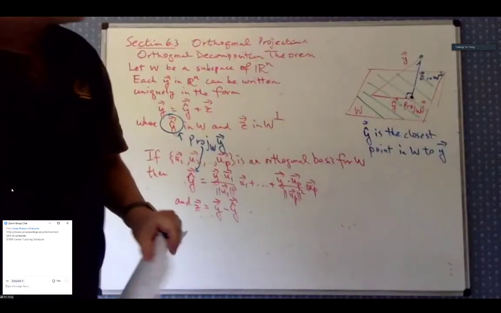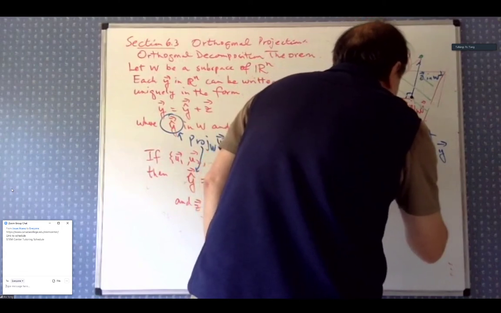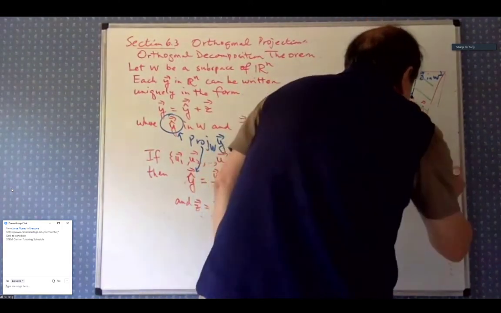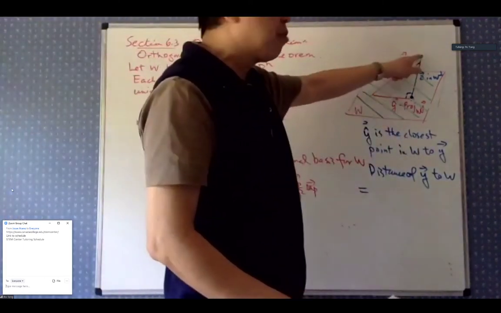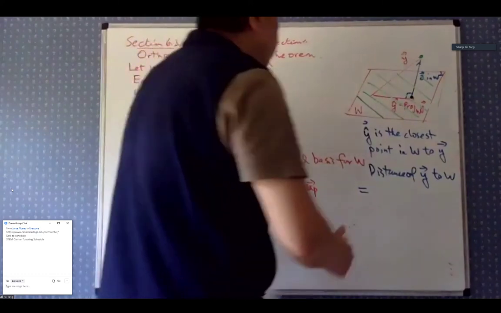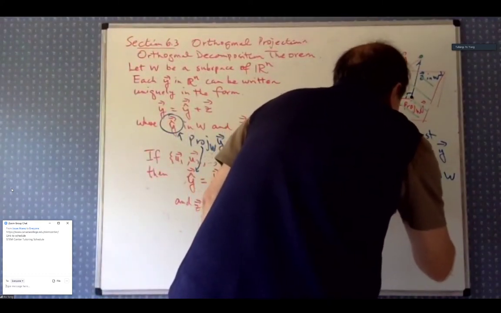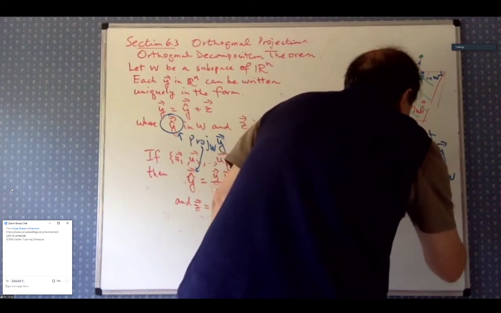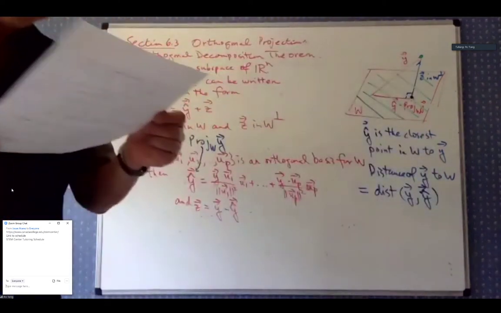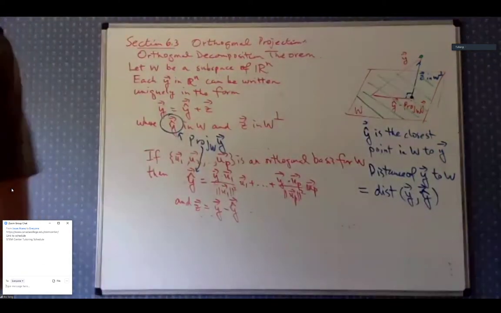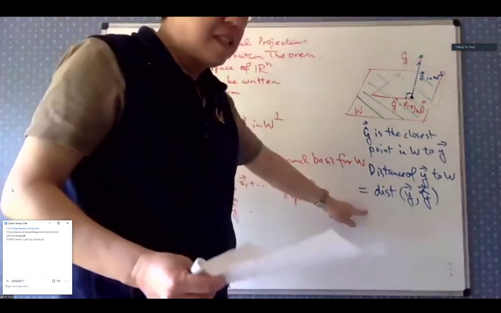So the distance of Y to W, the distance of this point to the plane, is defined as the distance between Y and Y hat, the projection. You guys know what this is trying to say?